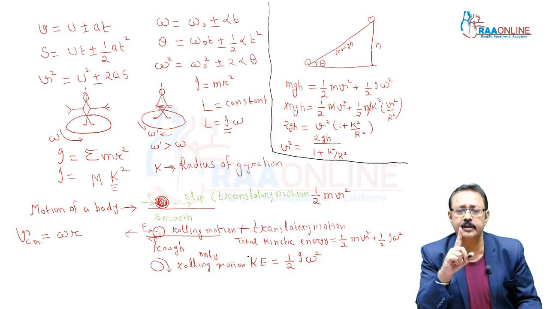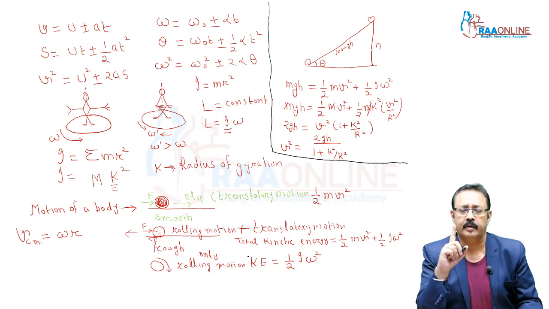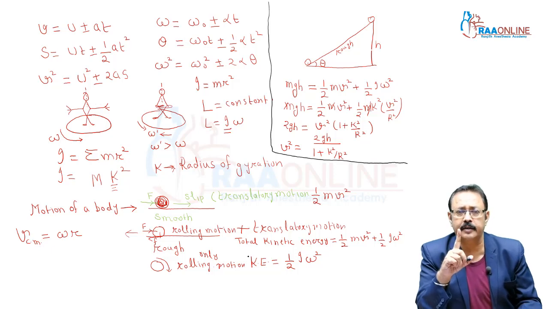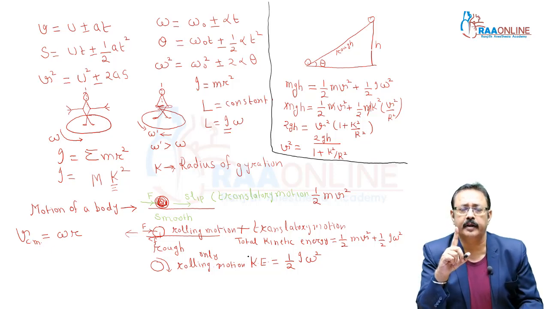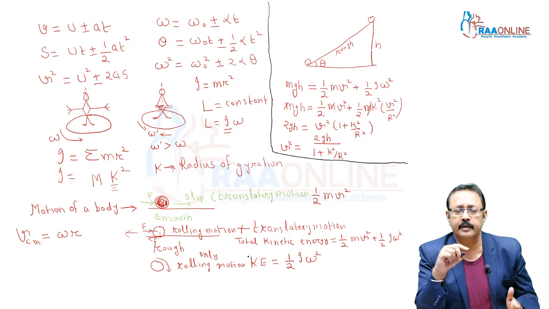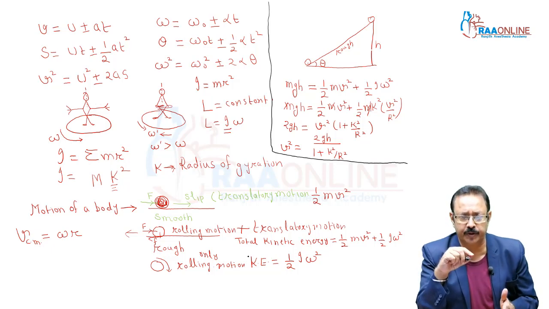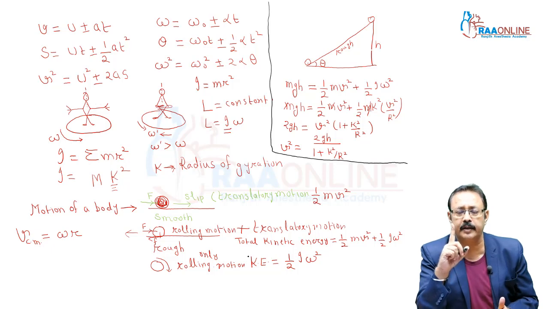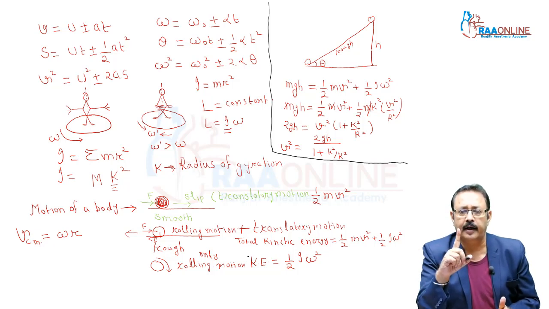Remember the law of conservation of angular momentum, very important. Total kinetic energy, don't forget, it is the sum of translatory kinetic energy plus rotational kinetic energy. In rotational motion, if an object is in combined motion, total kinetic energy is the sum of rotational kinetic energy plus translatory kinetic energy. And remember the motion on an inclined plane.